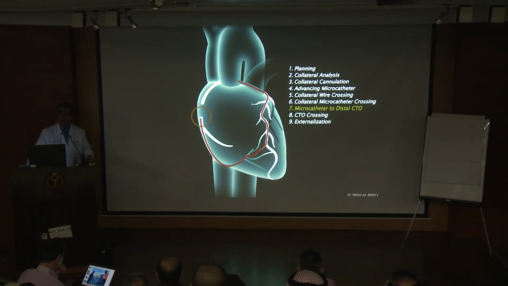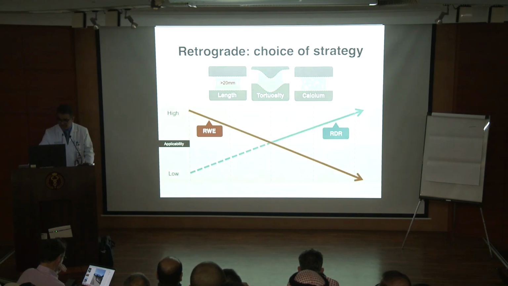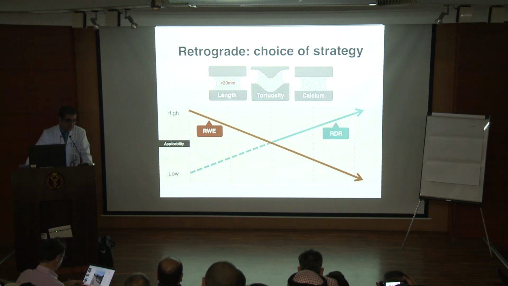So if you have a Sion wire in the distal bed, you escalate to Gladius or Pilot or Gaia Second and cross the lesion. That depends, again, as we did for the antegrade, on the complexity of the case. So if it's a short lesion retrograde, and you went retrograde late, then maybe you finish the case with a wire. However, if it's complex, very long, tortuous, calcified, very likely wire escalation is not going to work.